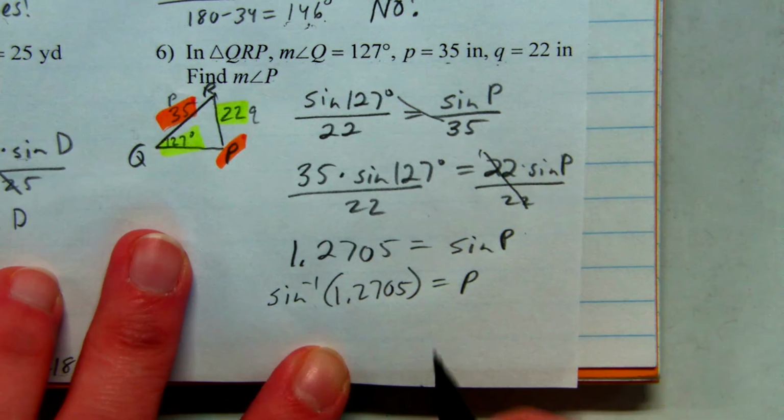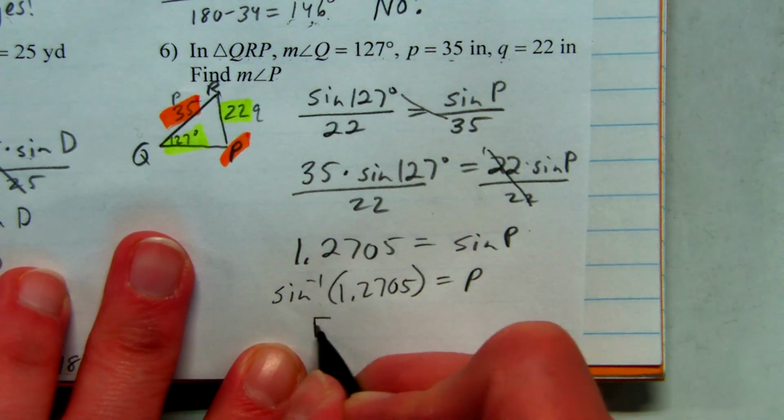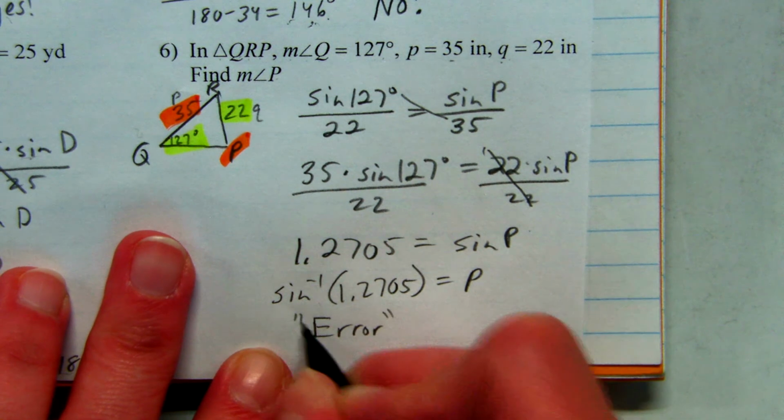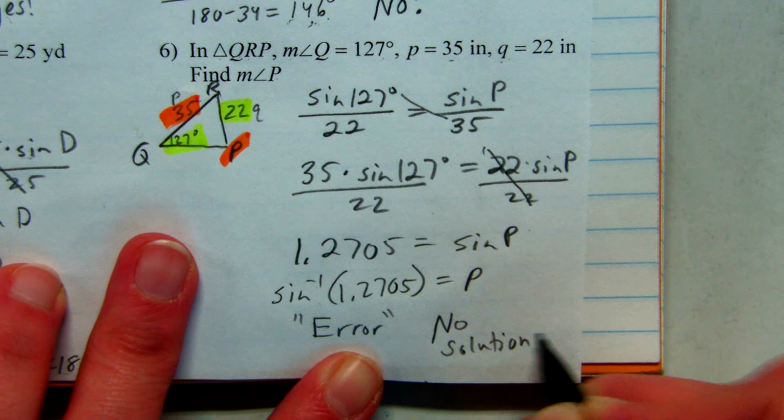And when you type that in, what happens? It says no. You get an error. So when you get an error, you just know that there's no solutions.